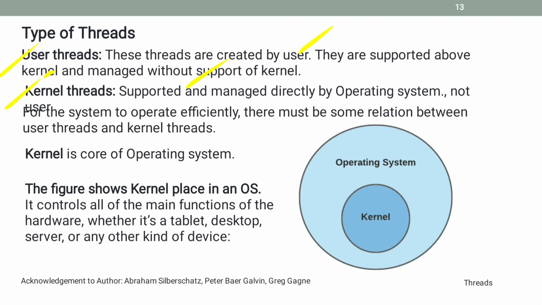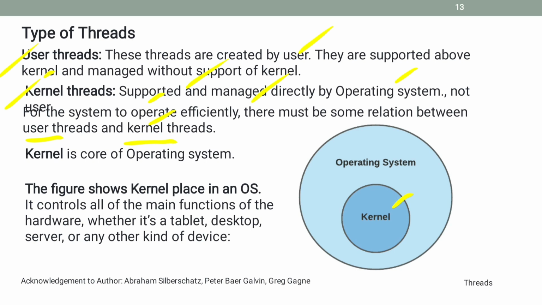They are controlled by the user through an API, application programming interface, that is, through thread-related library functions. Kernel threads are supported and managed directly by the OS. The system can run efficiently when there is a relationship between these user threads and kernel threads.